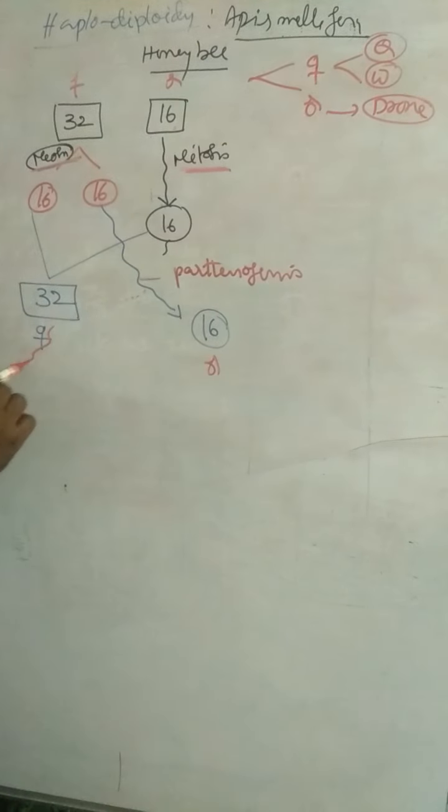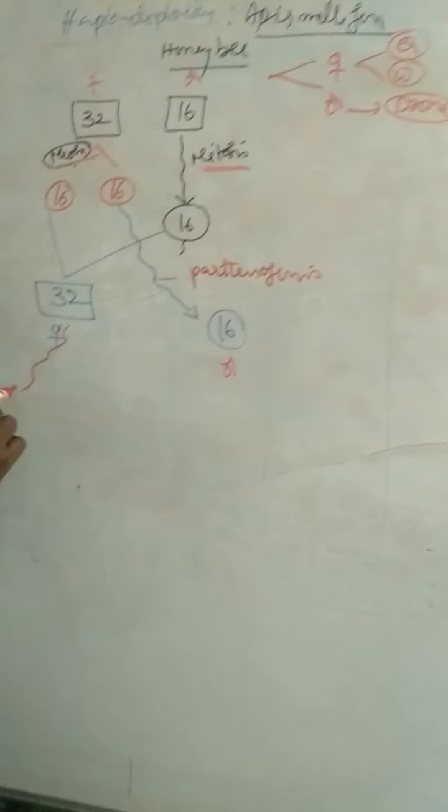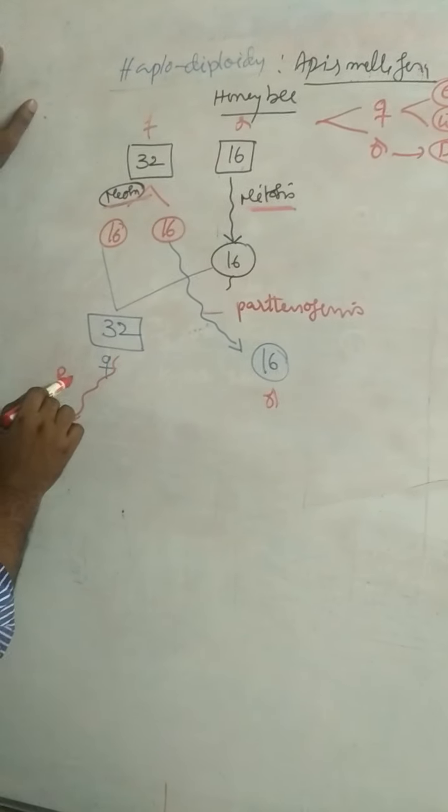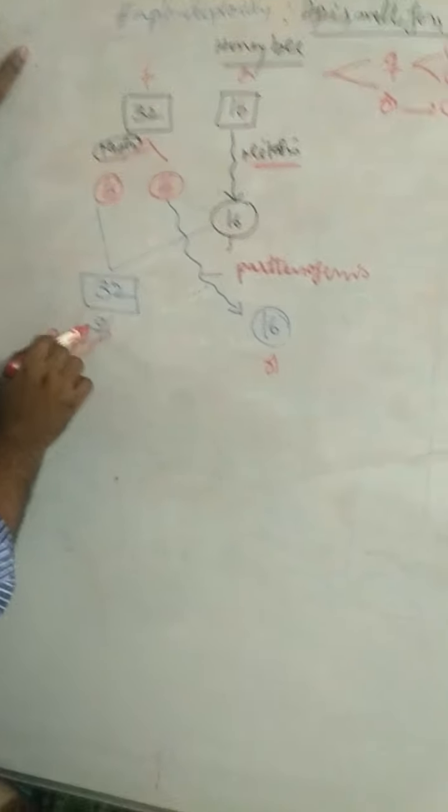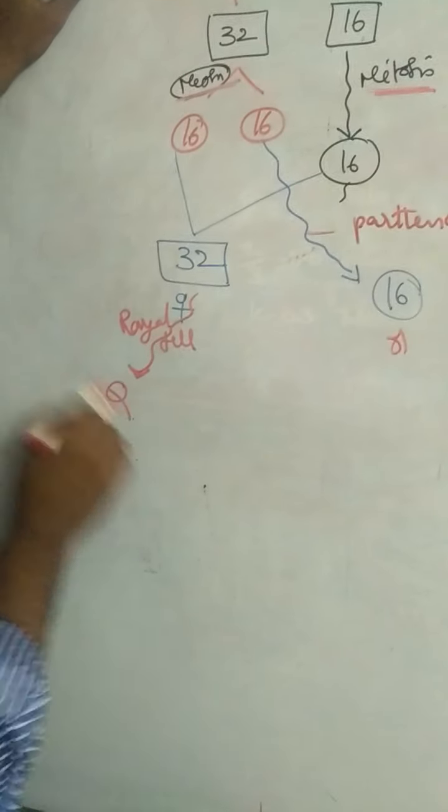If the female takes royal jelly, the food material, she becomes a queen.